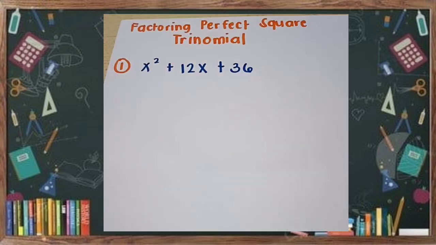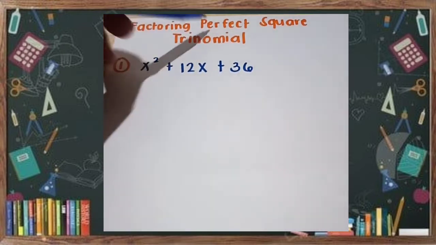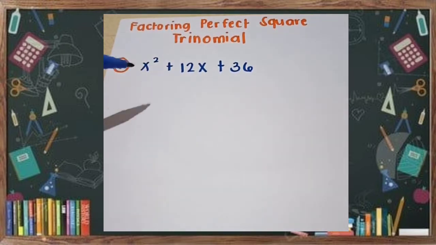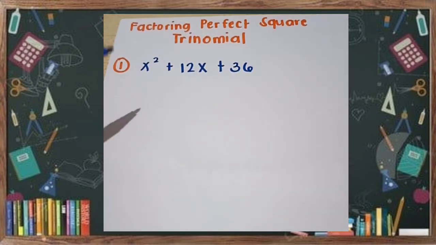As the definition of factoring, which is the inverse of multiplying, ngayon naman, kukunin natin yung factors ng ating perfect square trinomial. So, since ito ay perfect square trinomial, ang makukuha nating sagot dito ay square of a binomial. Okay, so paano ba natin kukuhanin yung factors ng perfect square trinomial?